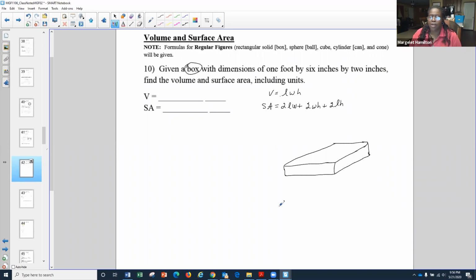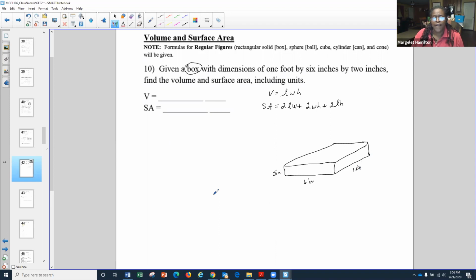So here's our box or rectangular solid. And they tell us that our dimensions are 1 foot by 6 inches by 2 inches. So here's our 1 foot by 6 inches by 2 inches. It's logical.